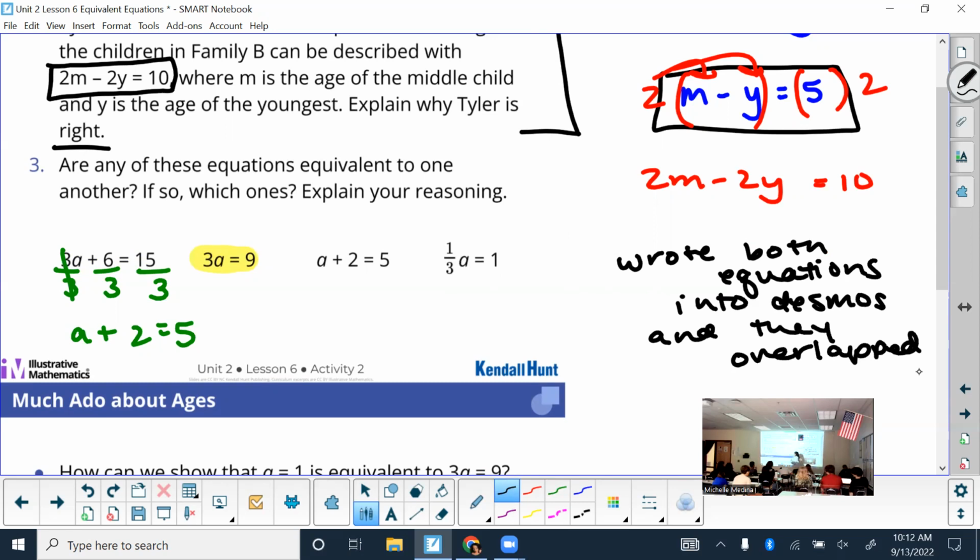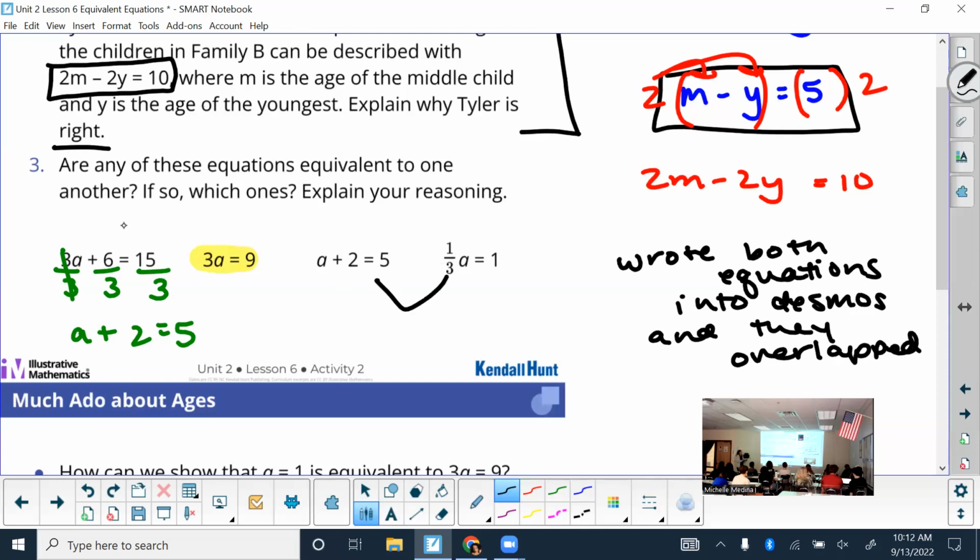So in that sense, shouldn't these two be equivalent then? Well, if this one's equivalent to that one, and this one's equivalent to that one, shouldn't these two be equivalent to each other? Right? Yes. And then wouldn't these two be equivalent to each other?